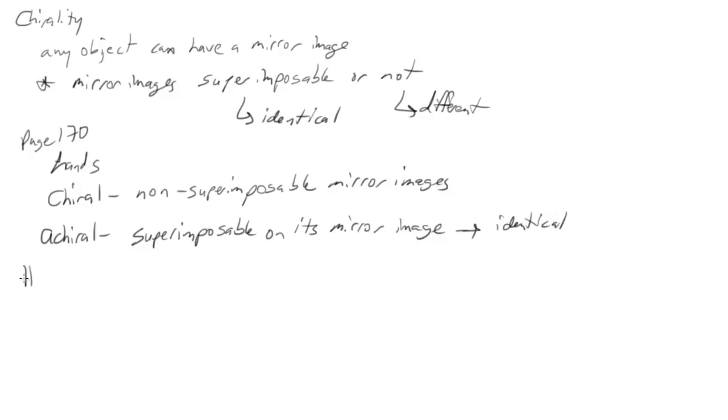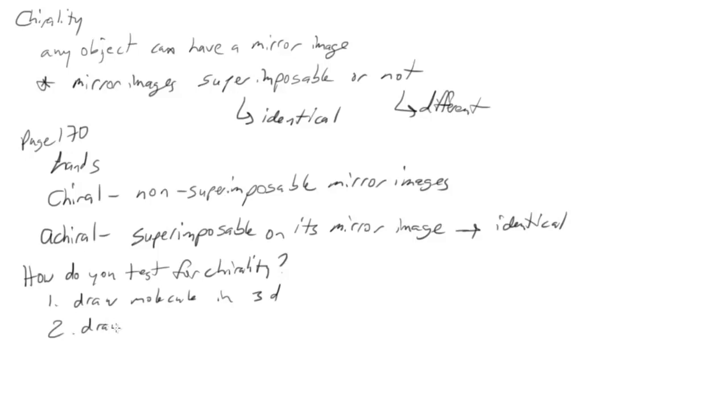So if that's what chirality is, how do we test for chirality? So the first thing that we'll do is we need to draw our molecule in 3D. Or simulate 3D. We need to draw its mirror image. Then we need to try to align all the atoms.